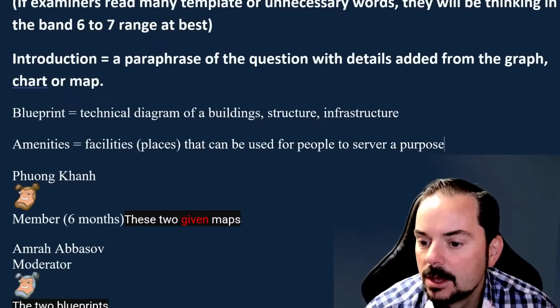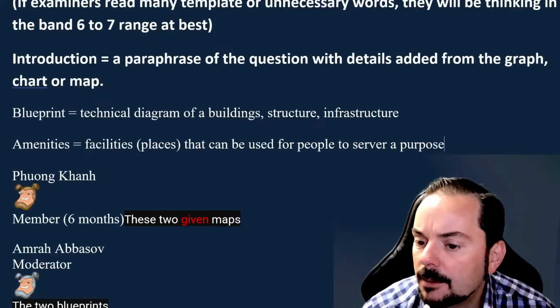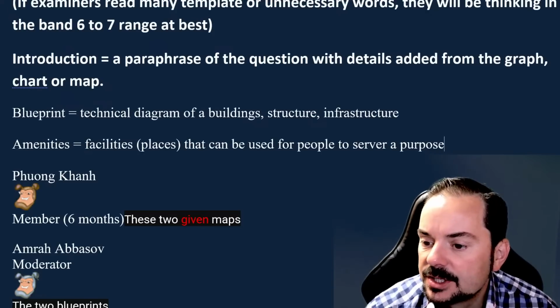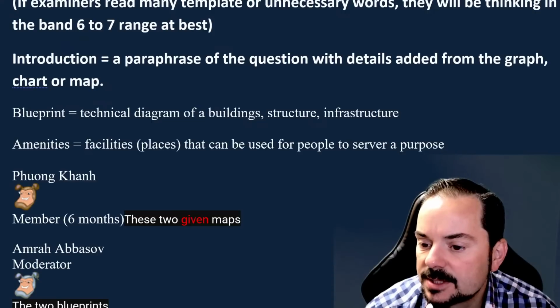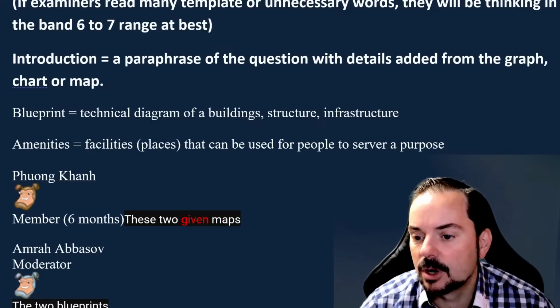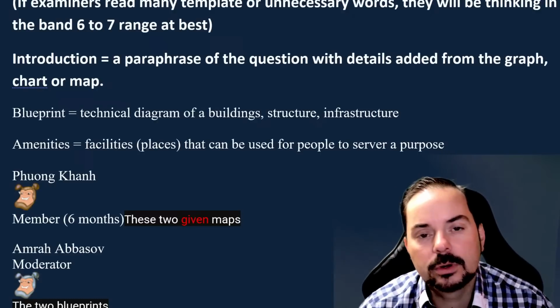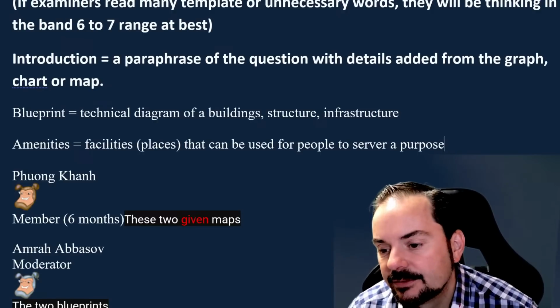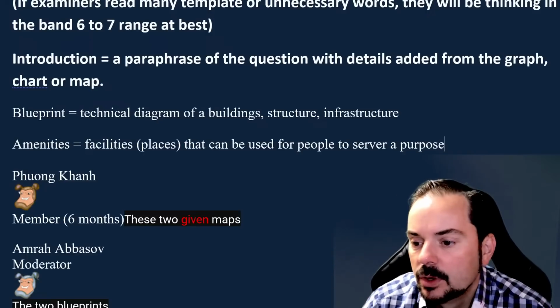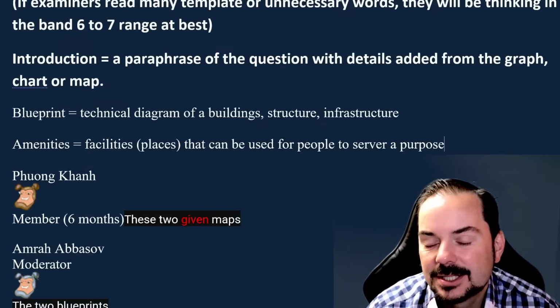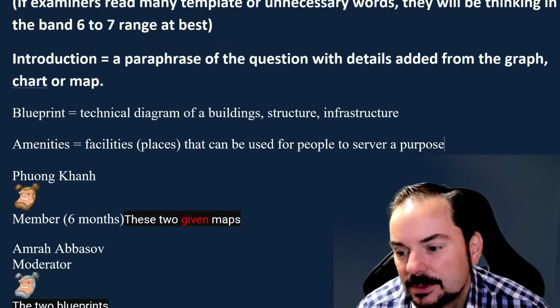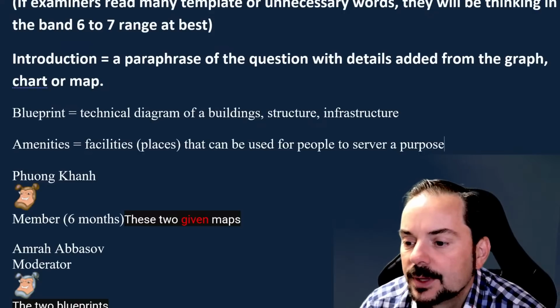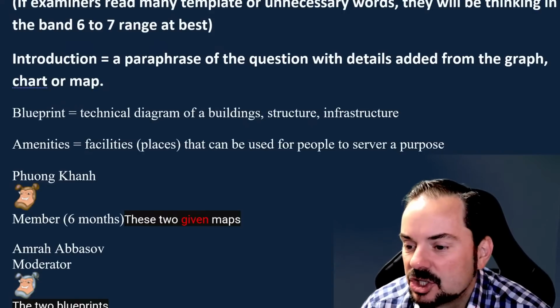Okay. All right, so James Nguyen writes, the two maps demonstrate the adjustments that have been changed from 1920 to now in Madison Park. James, it's a bit awkward. I would rephrase that with different words, okay? So the two maps, instead of demonstrate is a little bit strange here. I would say show. Instead of adjustments, I would say changes.